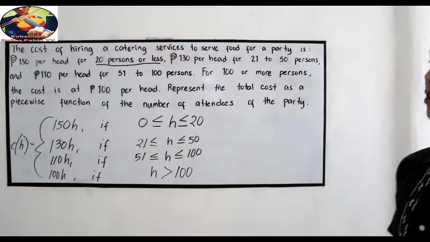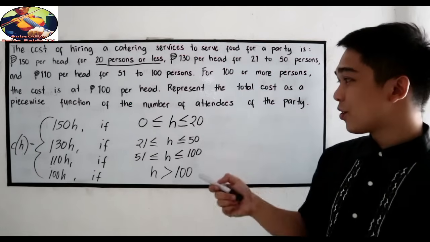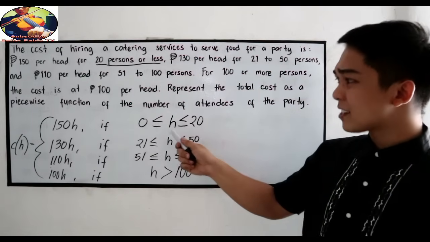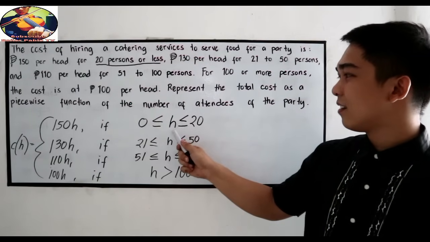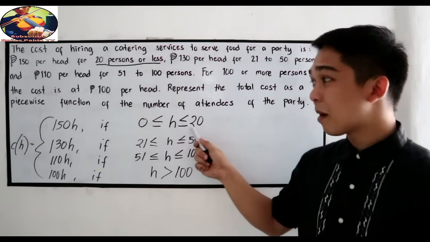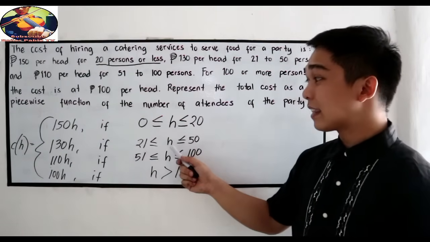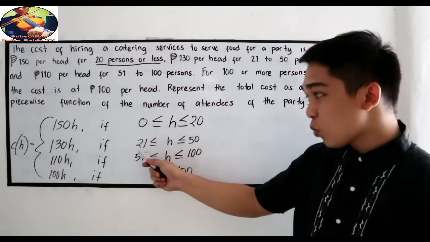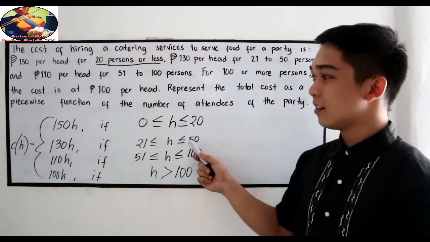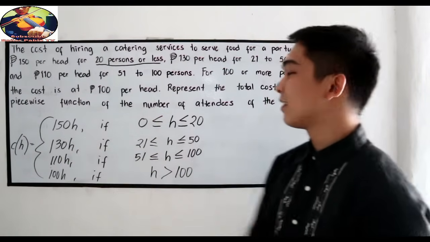Ating piecewise function. So, pwede natin i-check. Kapag ang attendees natin ay 0 hanggang 20, ang babayaran ay 100 per head. Kapag naman ang attendees ay 21 to 50, ang babayaran ay 130 per head.